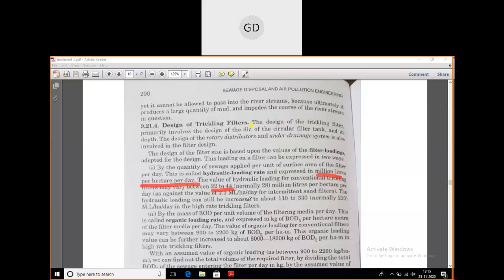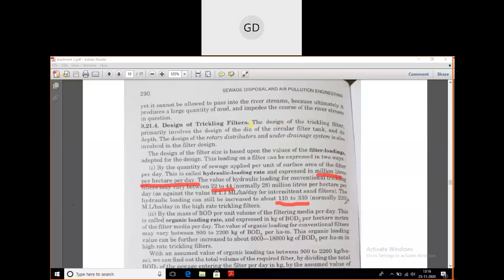So the normal value is between 22 to 44, and normally, if you have to take something, you can consider 28 million liters per hectare per day. That value can be increased to about 110 to 330 million liters per hectare per day in case of high rate trickling filters.